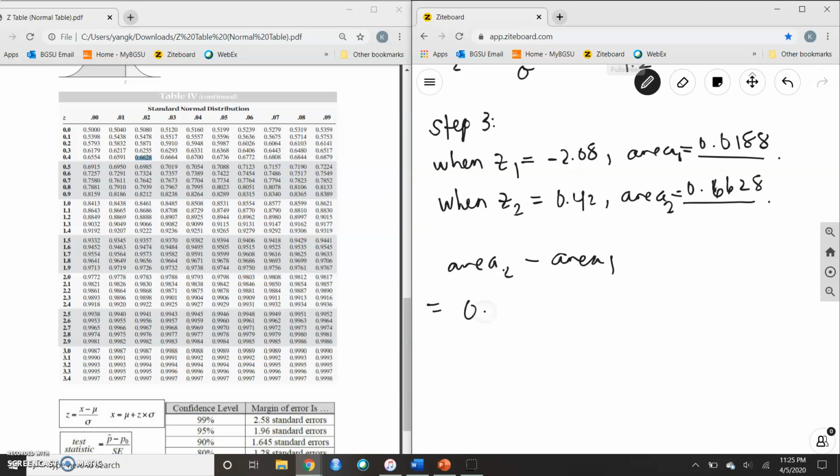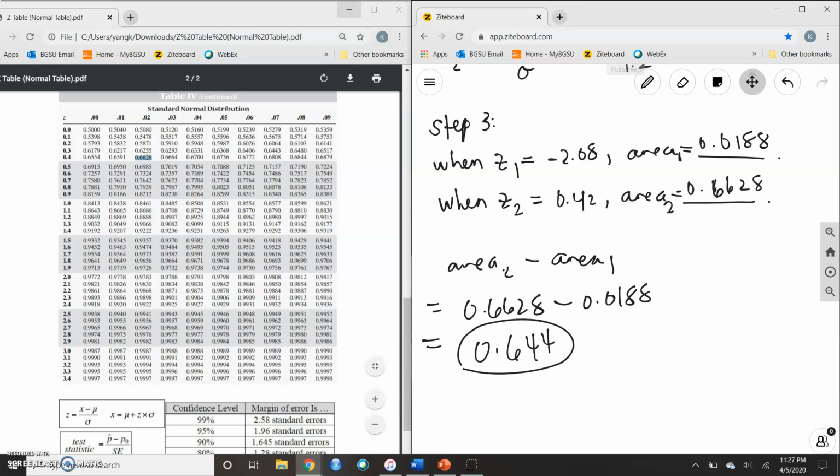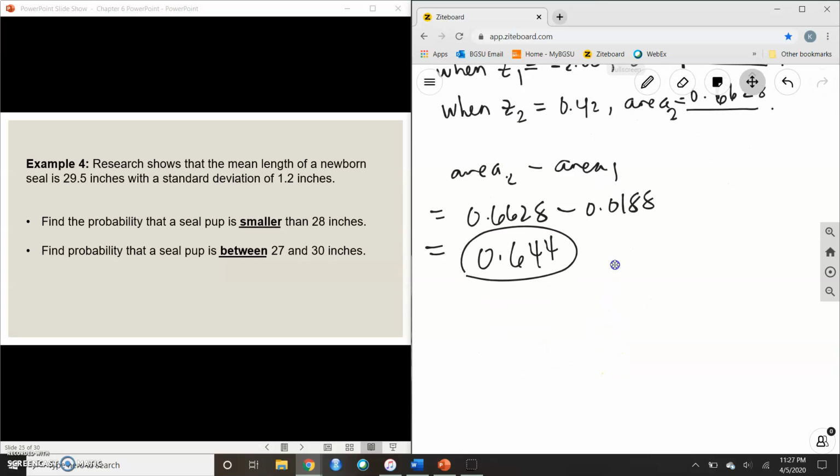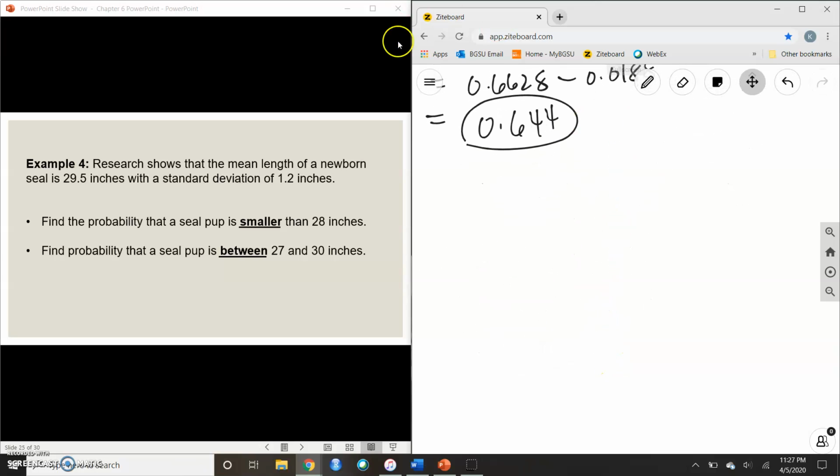which is 0.6628 minus 0.0188, which is going to give us a final area of 0.644. Okay, so now that we have the final area, we have to make a final conclusion. That's step 4.